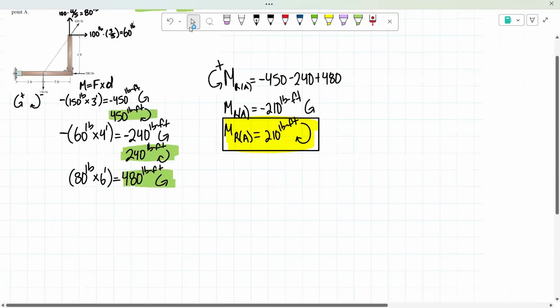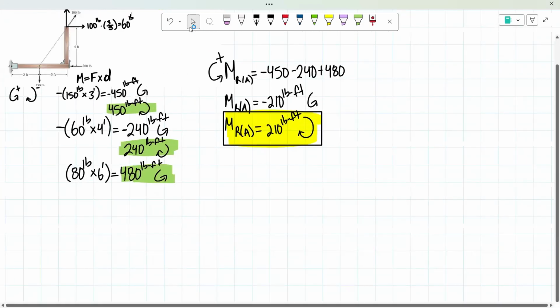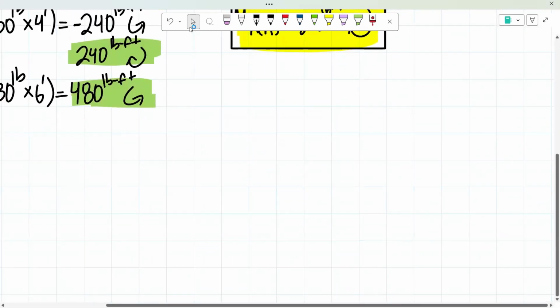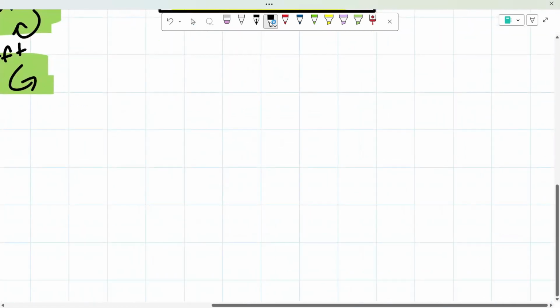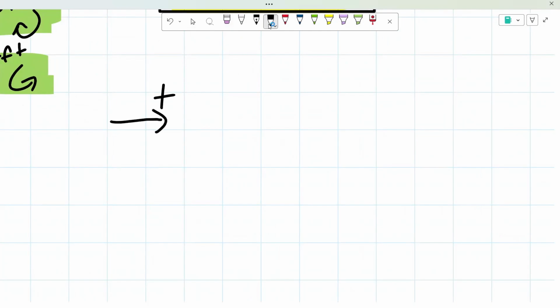So to find the equivalent resultant force, what we're going to do is we're going to sum up our X forces and our Y forces. So our sign convention for our horizontal forces is that right is positive, and so we're going to sum up all of our forces in the X direction.